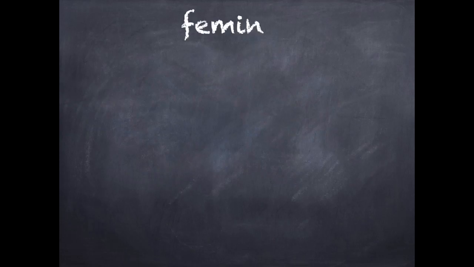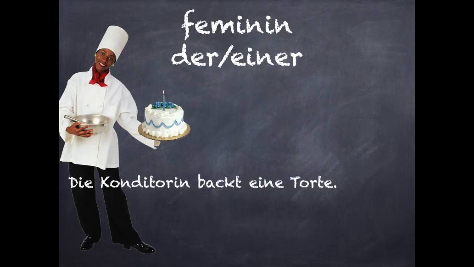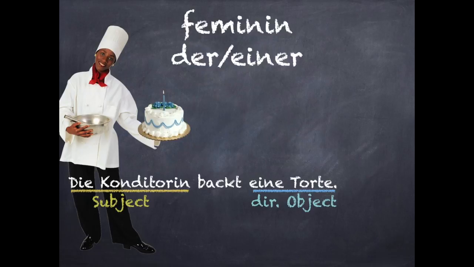To the dog. The feminine example, we have the der or einer article. Here we have die Konditorin backt eine Torte. Die Konditorin being the subject and eine Torte being the direct object.